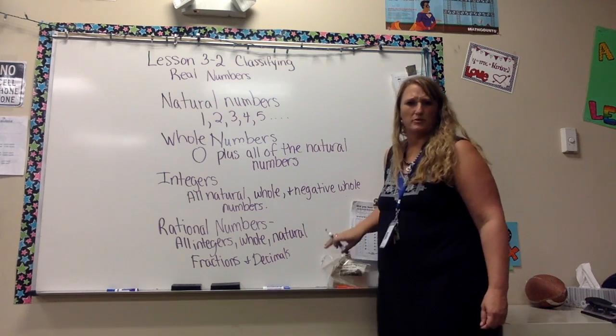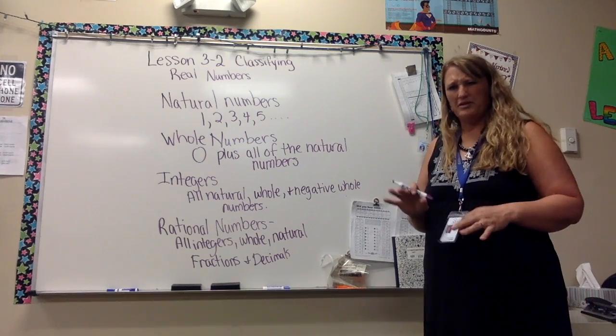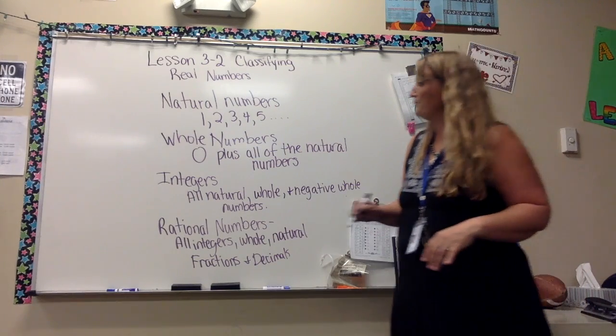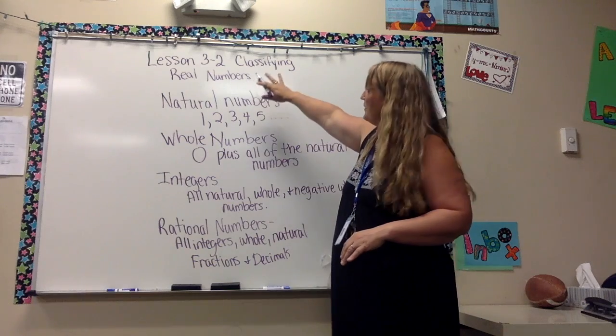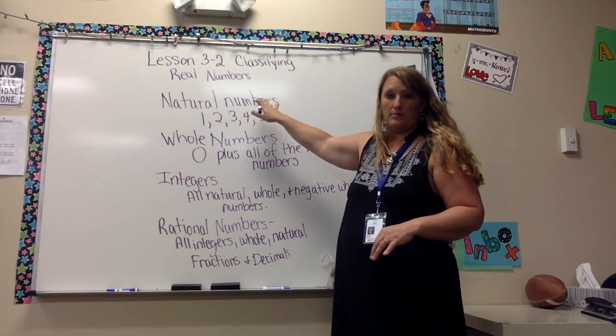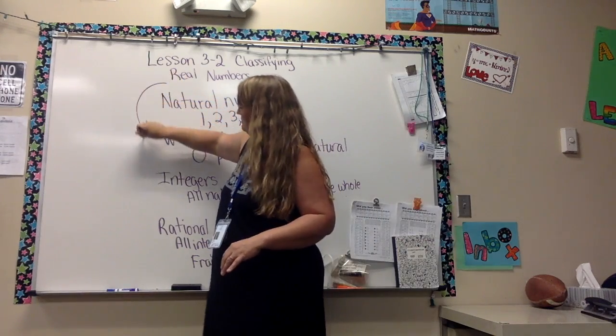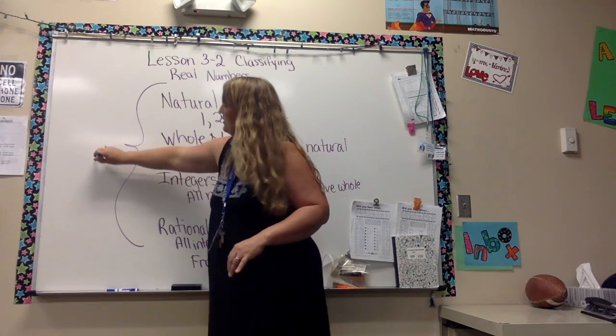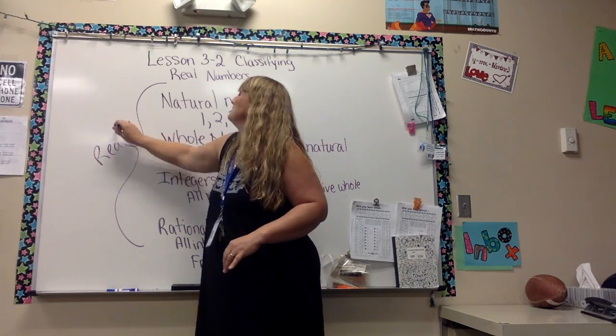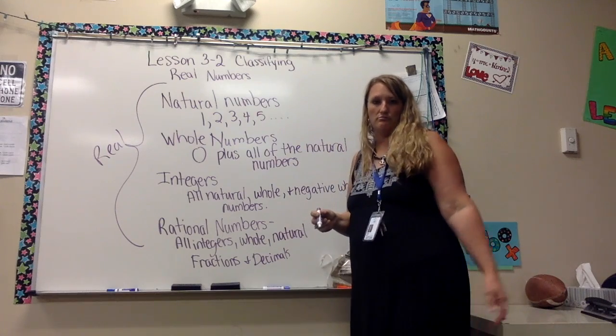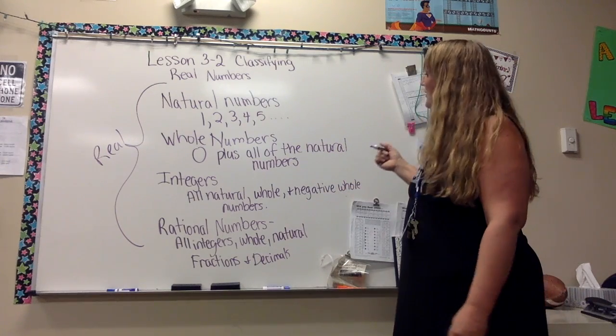Well, most decimals anyway. But there's a few decimals that aren't going to fit in here. So just to clarify, we've been talking about classifying real numbers. All of these are known as real numbers. Crazy, right?